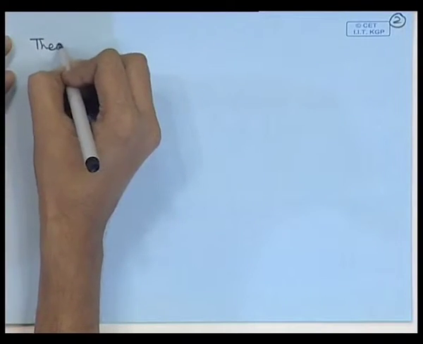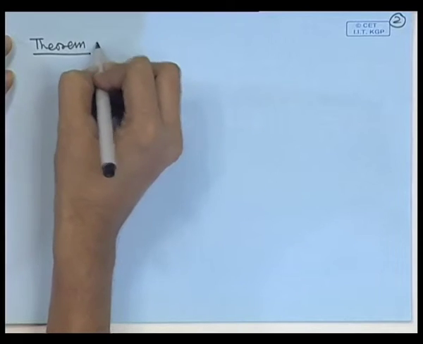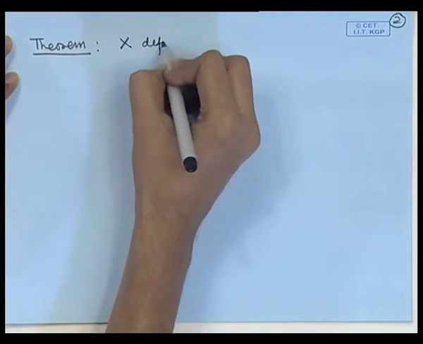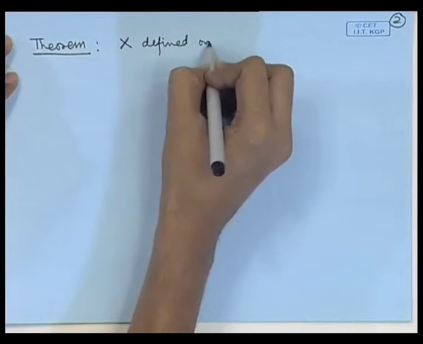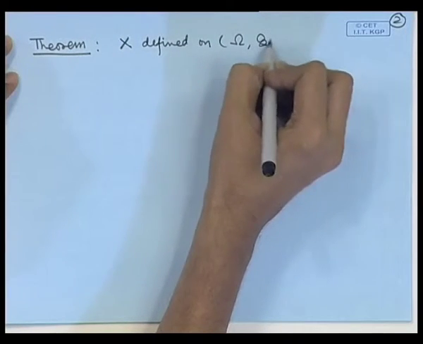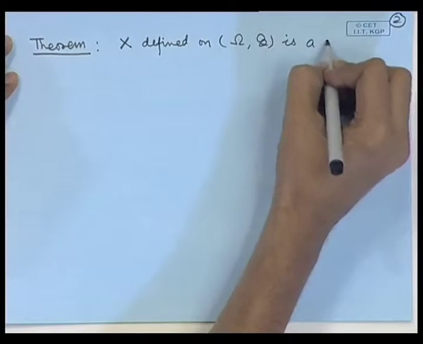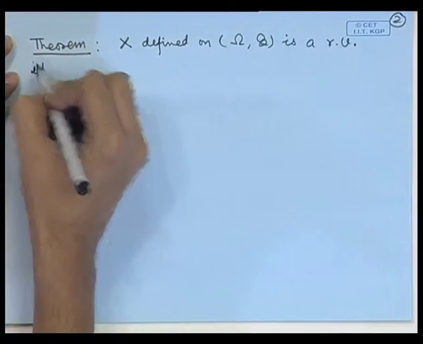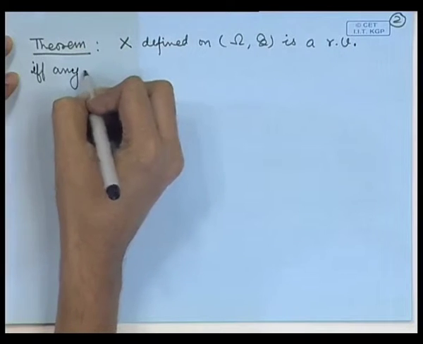An equivalent condition we can state in the form of a theorem. X defined on omega, B is a random variable if and only if any one of the following conditions is satisfied.